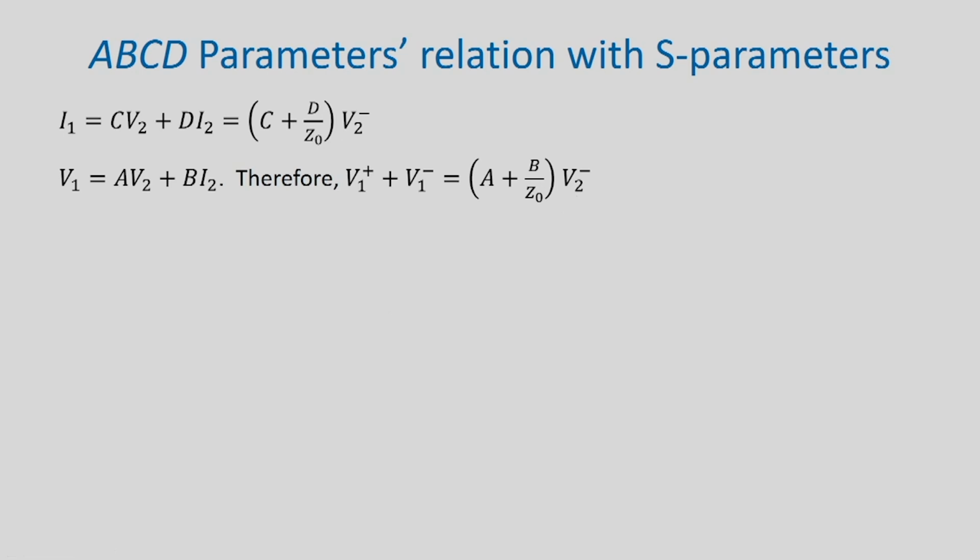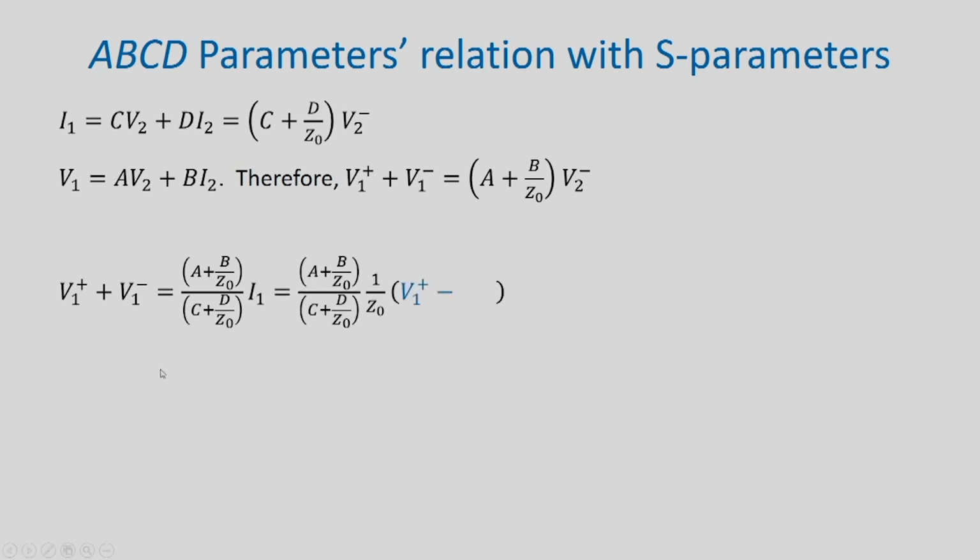Now, if we express V2 minus as I1 by (C plus D by Z naught), then we can write V1 plus V1 minus is equal to (A plus B by Z naught) into I1 divided by (C plus D by Z naught).